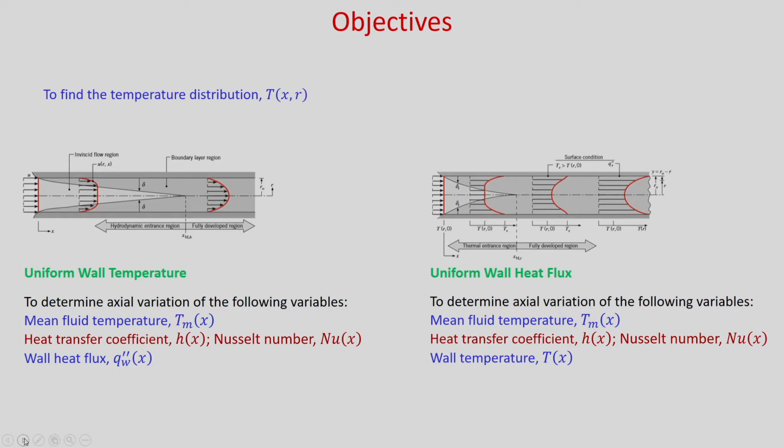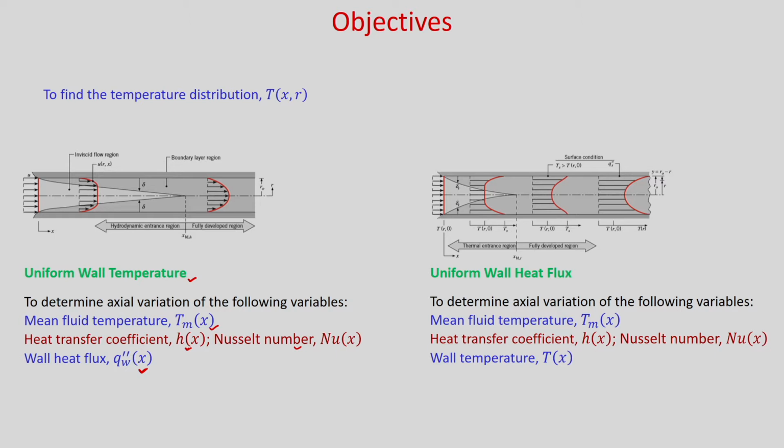If you have uniform wall temperature, then our objective is to determine the axial variation of mean fluid temperature Tm(x), which is also known as bulk mean temperature. Then the heat transfer coefficient h(x), which will vary along the axial direction, and hence we will calculate the Nusselt number, and as it is uniform wall temperature, we want to find the wall heat flux, which is a function of x.